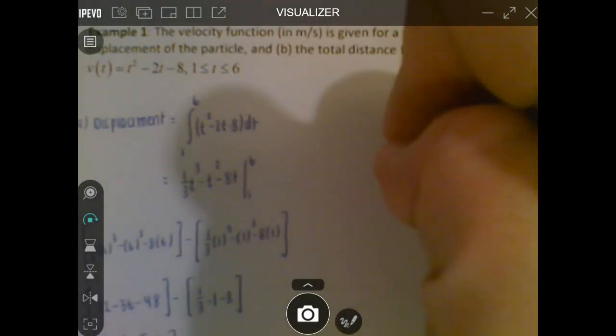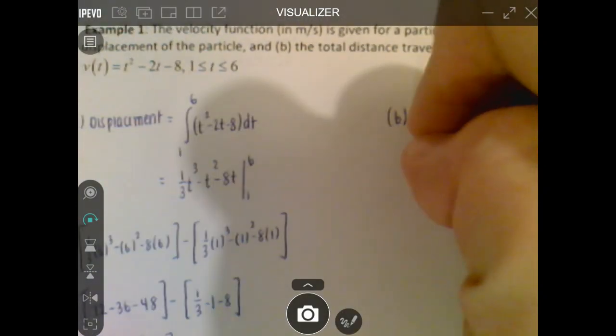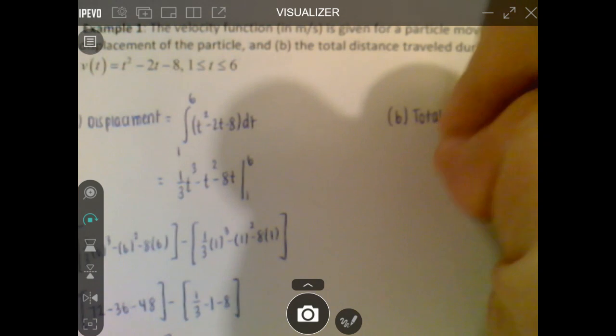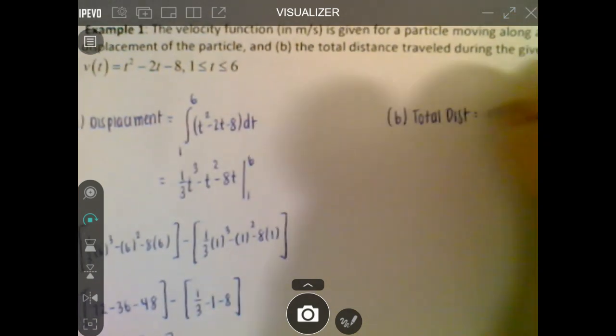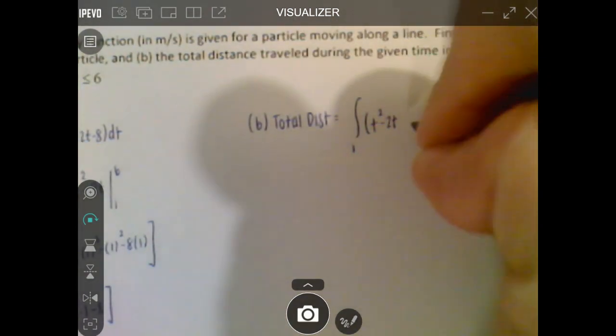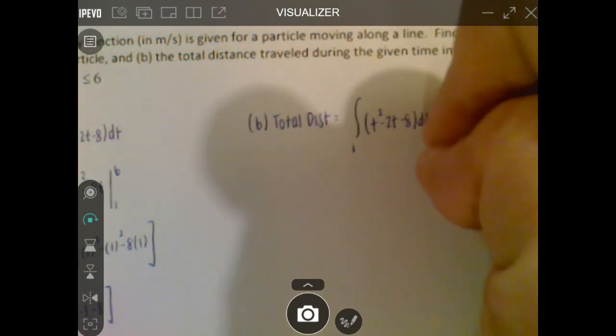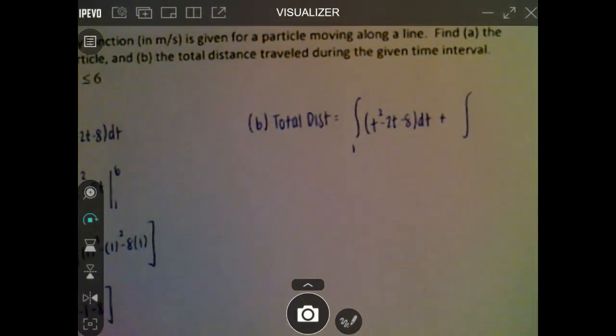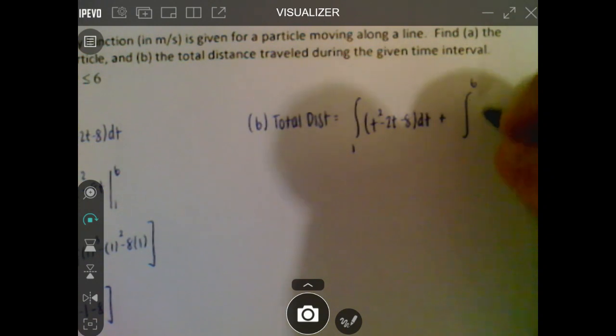So now that I've done my displacement, I need to do my total distance. And my total distance is going to be the integral from 1 to something of the absolute value of v of t dt, plus the integral from something to 6 of v of t.